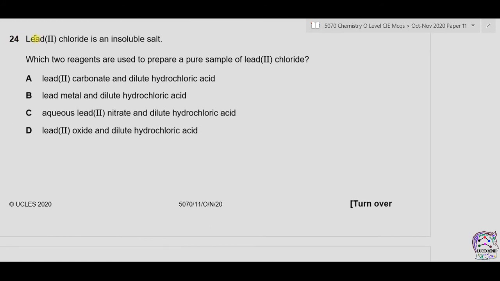Question 24. Lead 2 chloride is an insoluble salt. Which two reagents are used to prepare a pure sample of lead 2 chloride? As lead 2 chloride is an insoluble salt, for the preparation of an insoluble salt, the precipitation method is used.